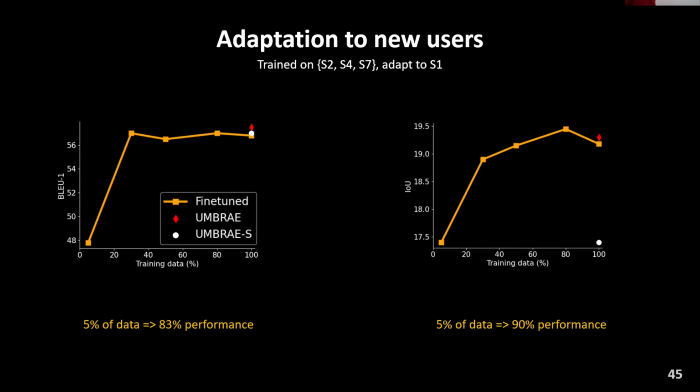So we now have new capabilities, such as adding a user to our existing model. We train on subjects 2, 4, and 7, and we adapt to subject 1. Using only 5% of all the data, we can already get around 80% performance. And on the grounding task, we can get around 90% performance.